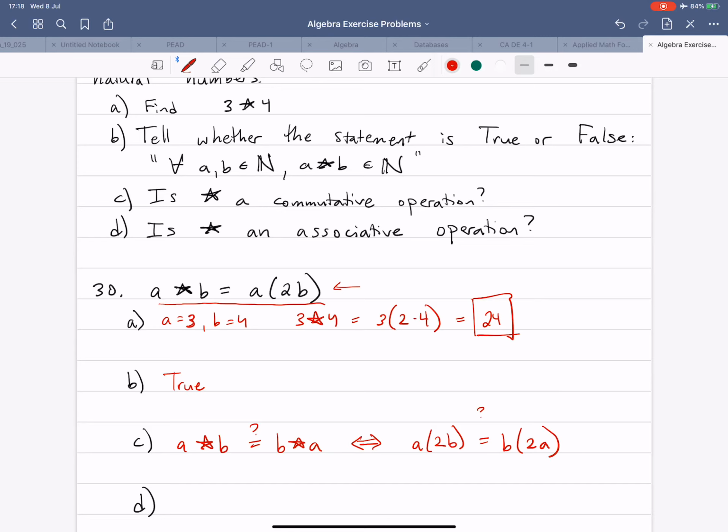And we already know that multiplication is commutative. And you can kind of ignore that factor of 2 in some sense, right? Because we could just factor it out to the front each time, and we get 2AB equals 2BA, right?